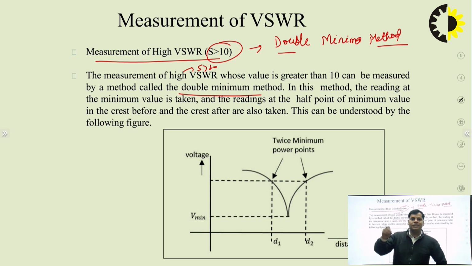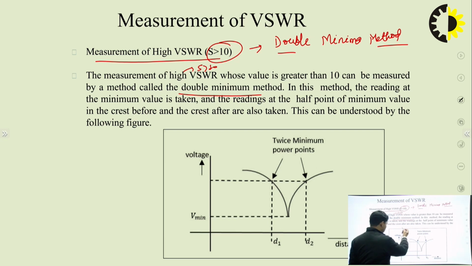First of all, the probe is inserted to a depth that gives the minimum value. As you can see in this voltage versus distance graph for the slotted section, we first calibrate the CRO test bench, then we get the first minimum value.